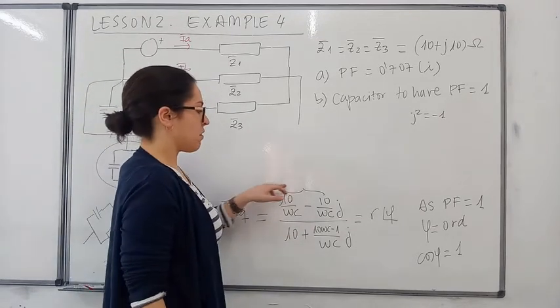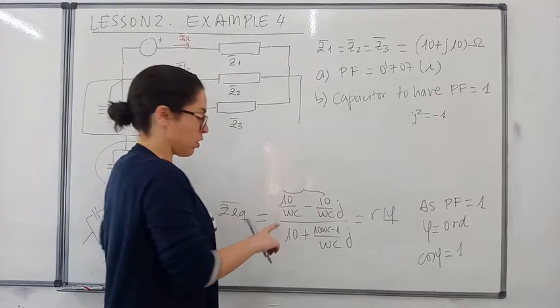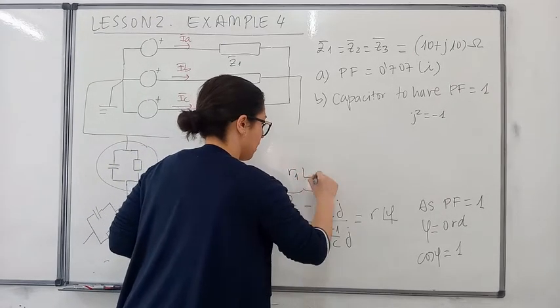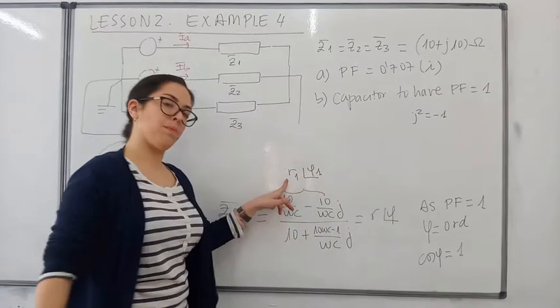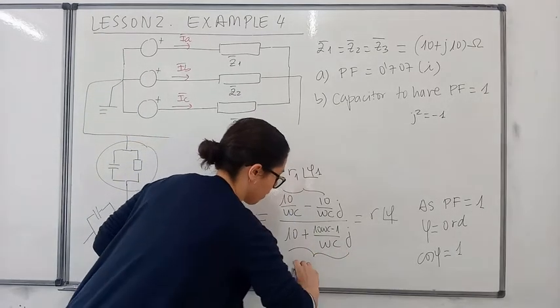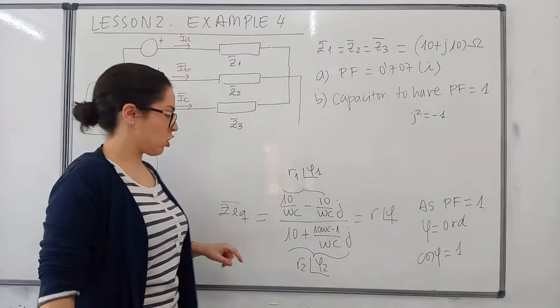Well, you understand that here you have a complex number and you can have that expressed in polar notation. There, in the denominator, you could have another value which is also expressed in polar notation.